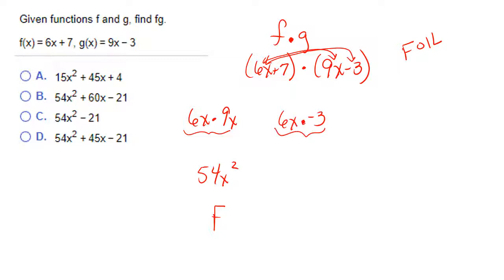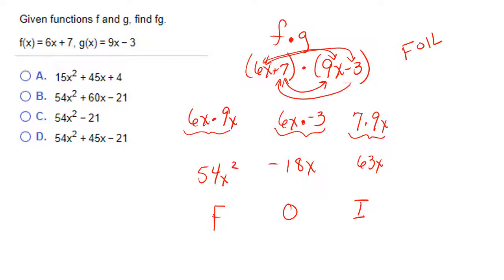When I multiply that, that's negative 18x. That's the outer terms. I would then multiply the 7 times the 9x. Multiplying gives me 63x. That's the innermost terms. And then last, I have the 7 and a negative 3. Multiply those, I have negative 21, and that's my last terms. Here, I must combine like terms.